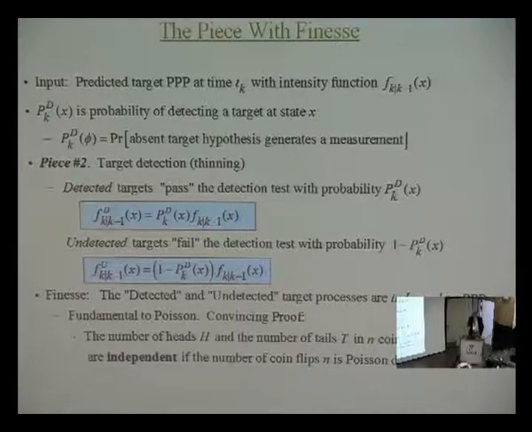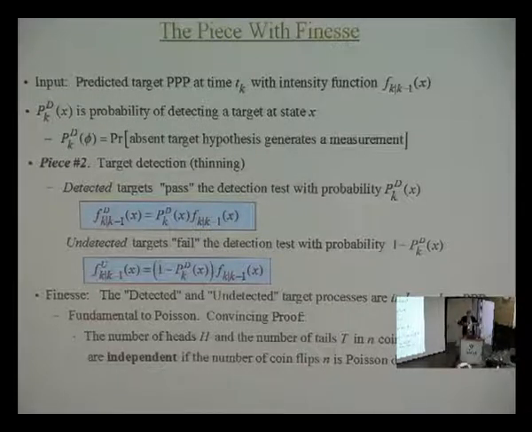So then piece number 2, as I call it, is the target detection process. Remember, how do I deal with the model? It's a realization. I go through the points. So I have a bunch of points that are now one realization of my predicted process, and I check each point in turn. I toss a coin located at, say, x, and I decide to keep it with probability PD of x, and I decide to throw it away with probability 1 minus PD of x, and that way I go through the list.